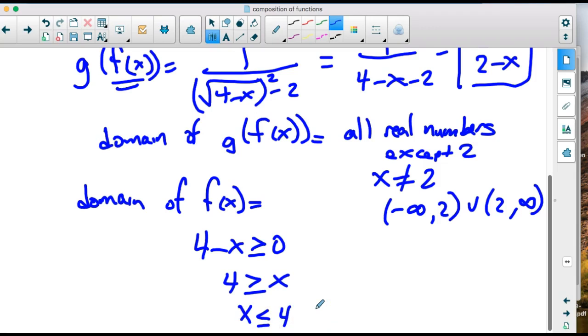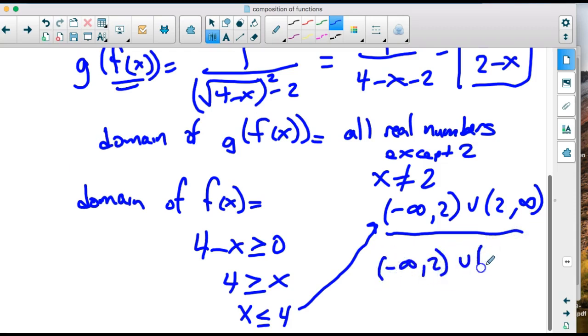Okay, so that means this has to happen as well as that happening. We can only go up to 4 on this. So it's going to restrict this domain, which then changes to negative infinity to 2 and 2 to 4. This infinity changes to 4 because we have a border at 4 now. We can't put anything more than 4.